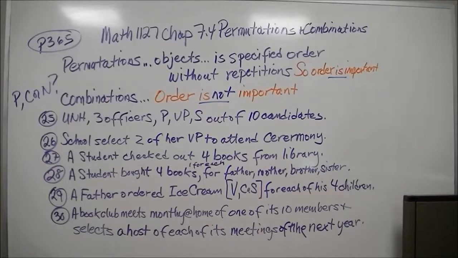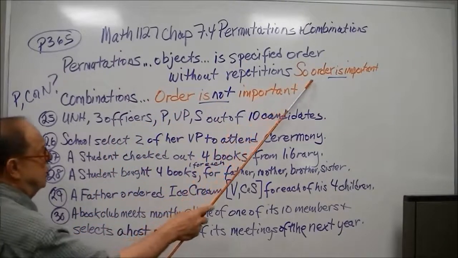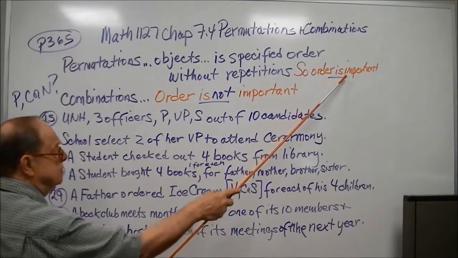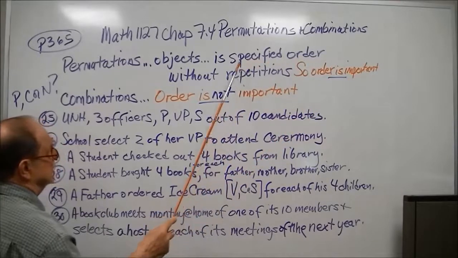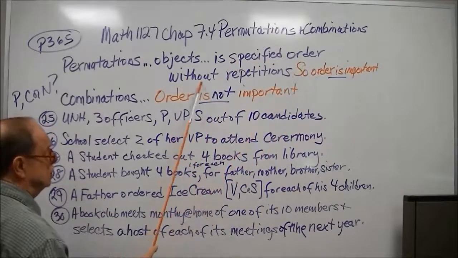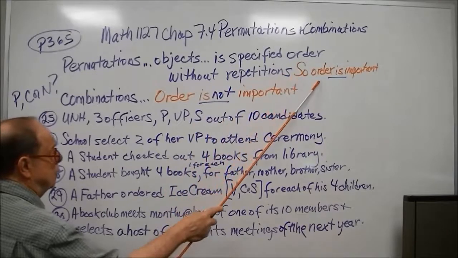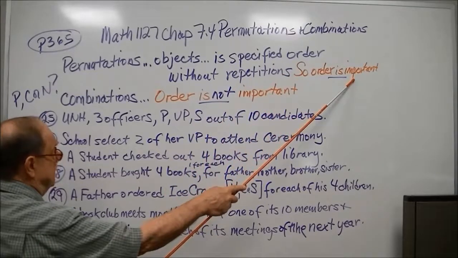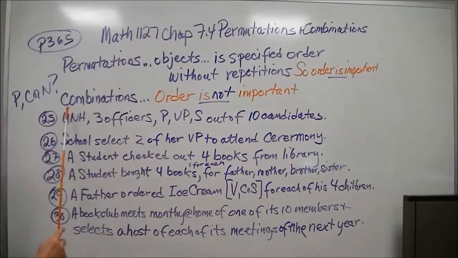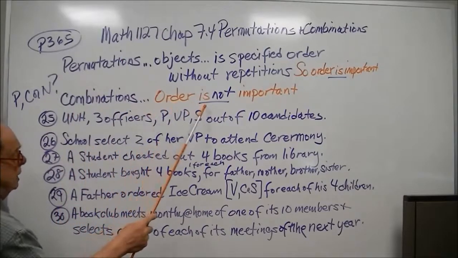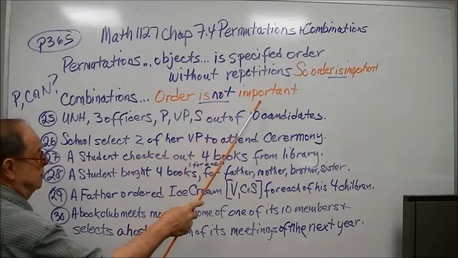Okay, as we pick up, some key things about permutations I've added here is that order is important, so it's a specified order without repetition. When you're dealing with combinations, order is not important.